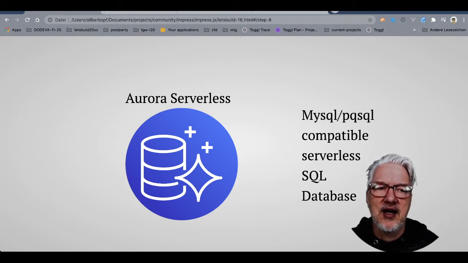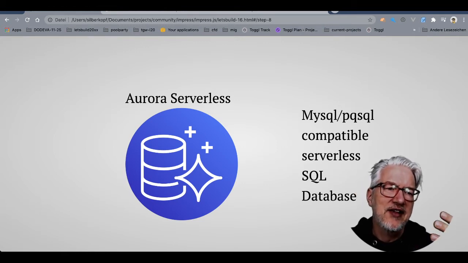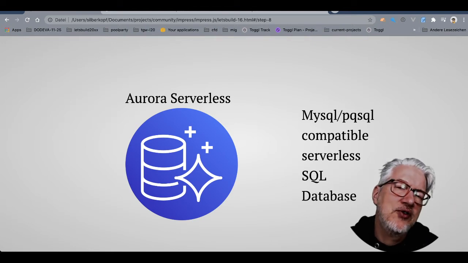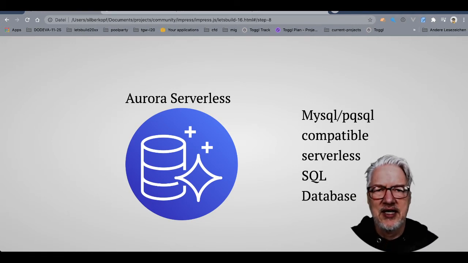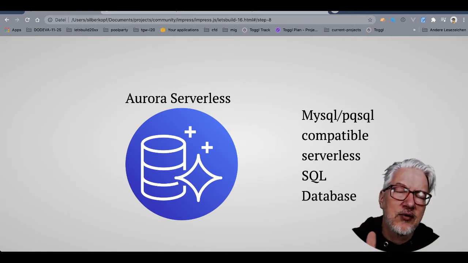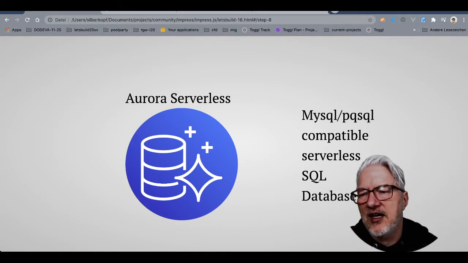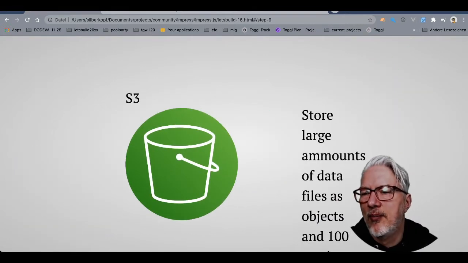This is just an SQL database. It's MySQL and PostgreSQL compatible. And the serverless thing is that it can rest if you do not use it. And that's what they call serverless. If you take serverless to this account, you can say most of the AWS services are serverless because they are managed services. So it's also marketing.